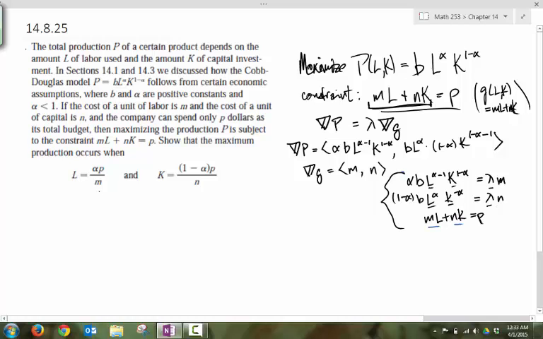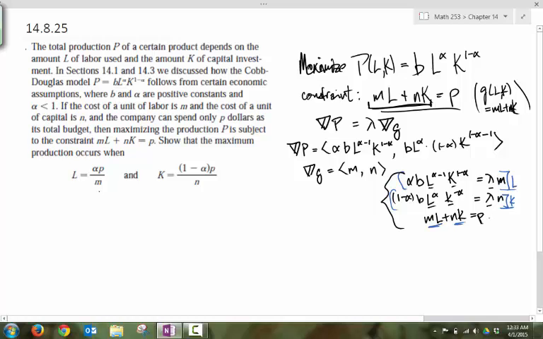So what might be an interesting idea would be to think about dividing by lambda, but before we do that, let's think about multiplying this first equation by L, and I'm going to have an ML here, and if I take the second equation and multiply that by K, I'm going to have an NK there. So if I add those two, after I get rid of the lambdas, I should get this thing to equal P.